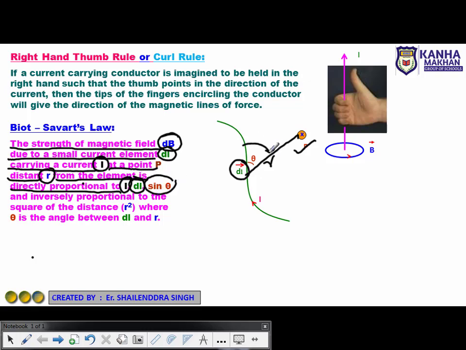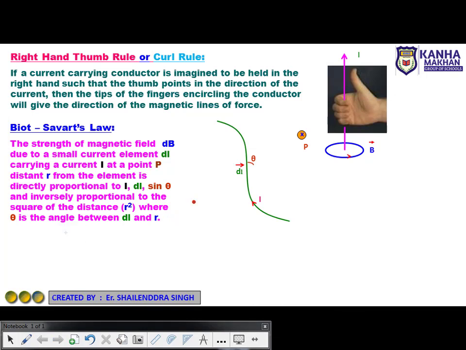So it depends on these three values, I, dl and sin theta, and is inversely proportional to the square of the distance, r squared, where theta is the angle between dl and r.